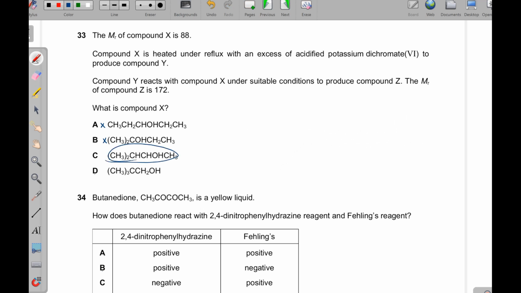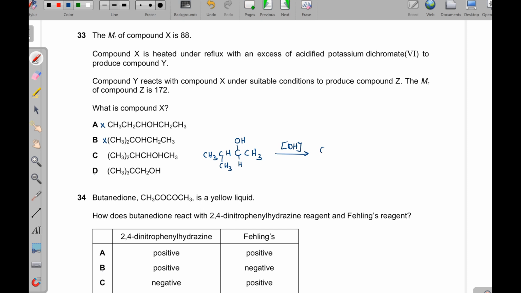Option C, this one here. You have CH3, then C, then there is another CH3, because there are two CH3s connected on this one here. Then there is a hydrogen, then an OH, and then also a hydrogen, and then CH3 here. Under oxidation, what is it going to give us?